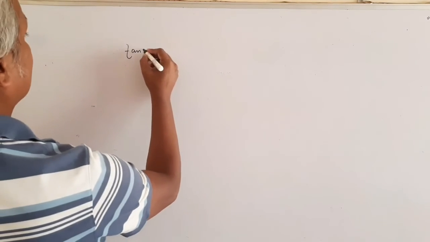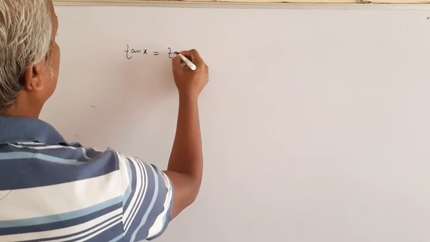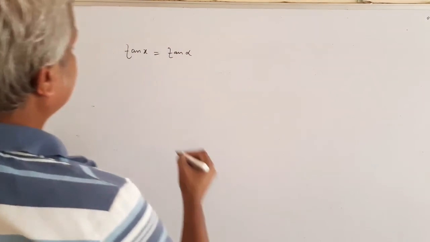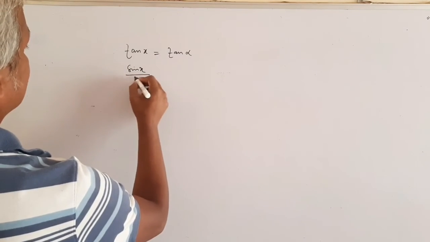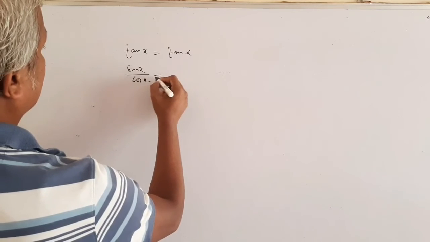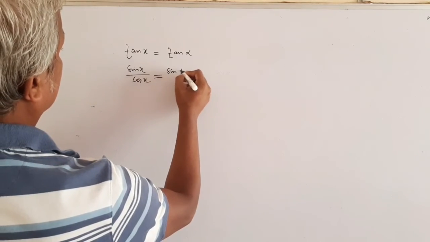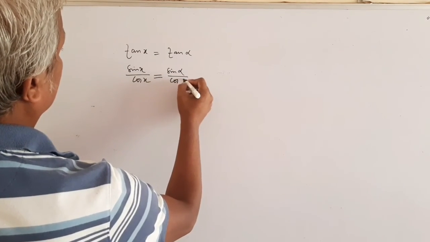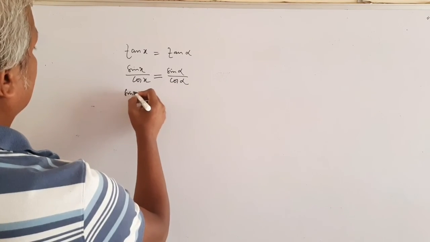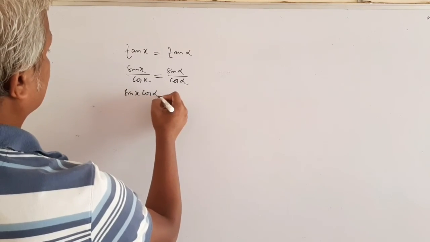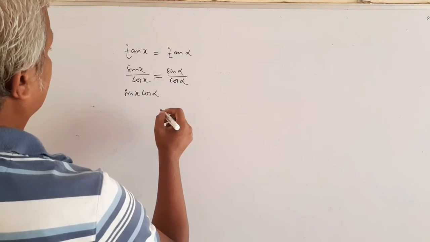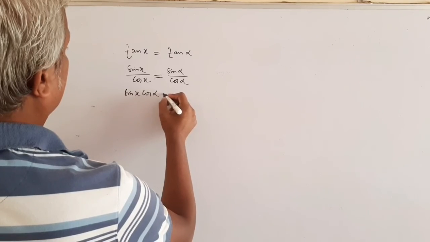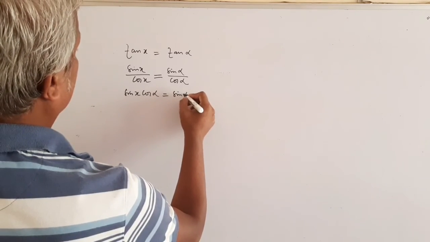Here we have the equation tan x equal to tan alpha. Then we can write sin x over cos x is sin alpha over cos alpha. So sin x cos alpha equals sin alpha cos x.